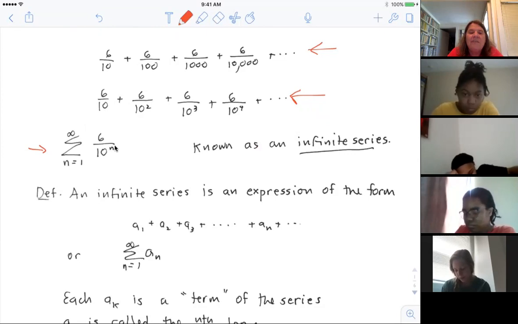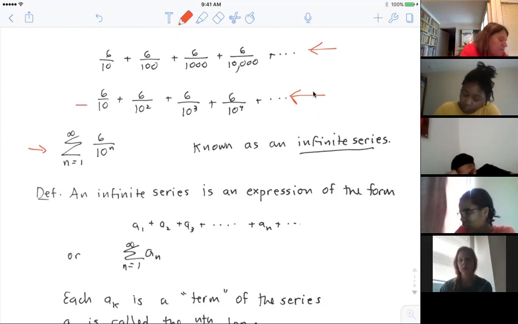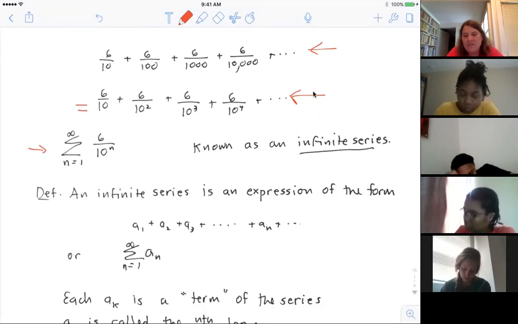If I let n be 2, I get 6 over 10 squared. If I let n be 3, I add on 6 over 10 cubed. 4, I get 6 over 10 to the 4th, and so on. These two things we say are equal, and we call it an infinite series. Again, it's not a sequence, because a sequence is just one number, a comma, another number, a comma. These are elements that are all added together.